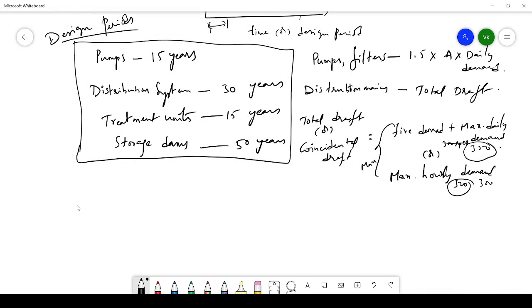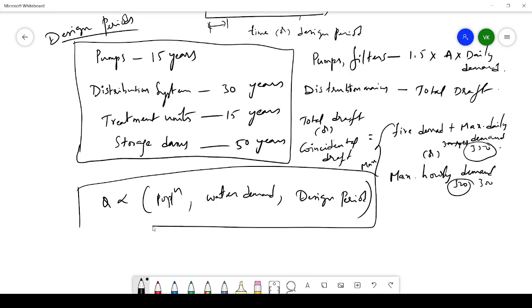If you know these things, that is sufficient to design the Q, total discharge value: population, water demand, and design period. These are the things you have to remember. Okay, we'll stop here. Thank you.